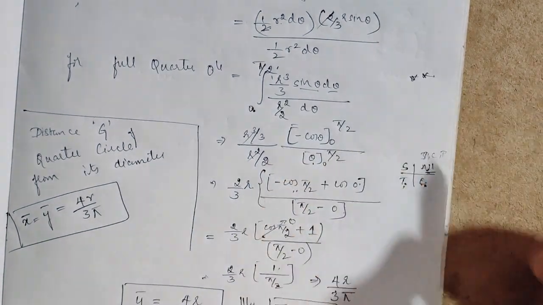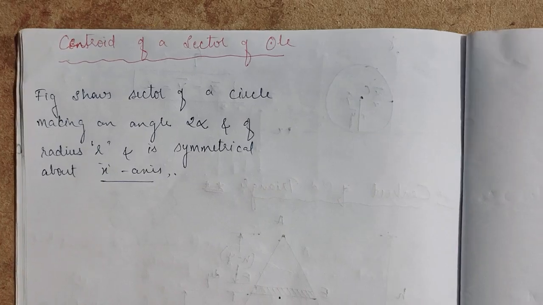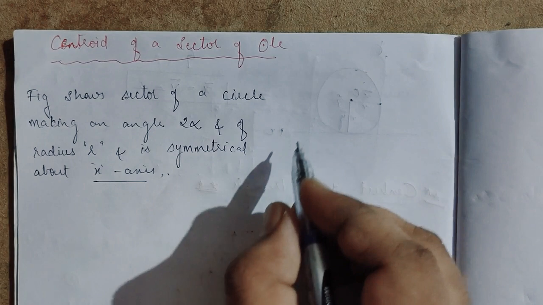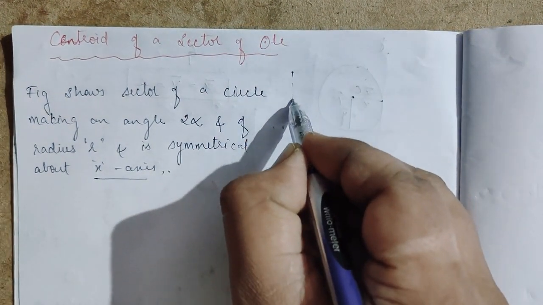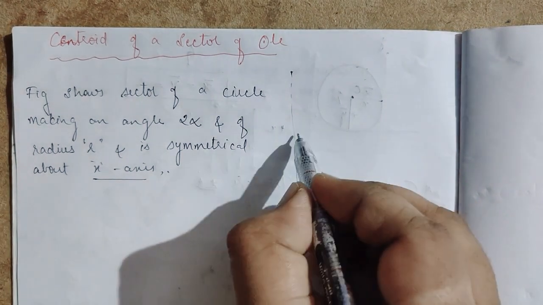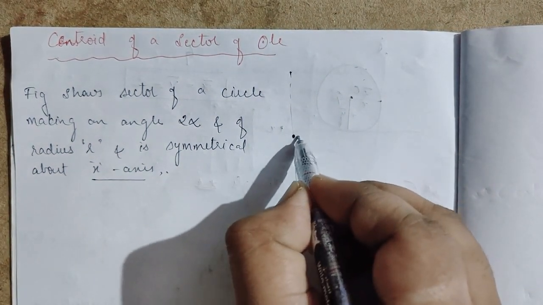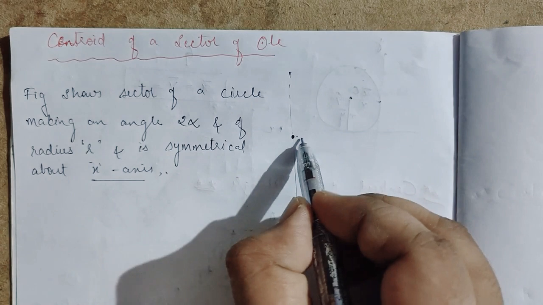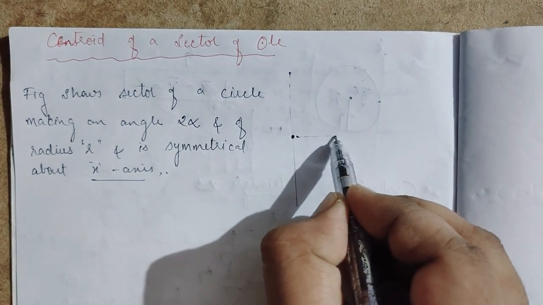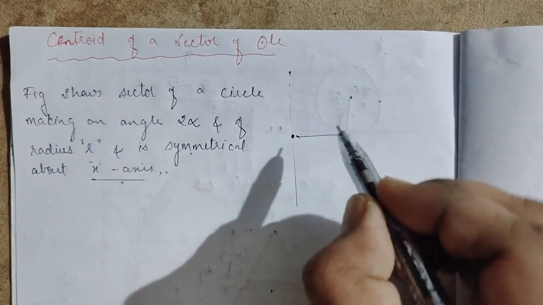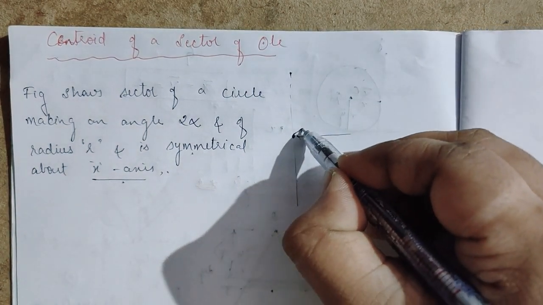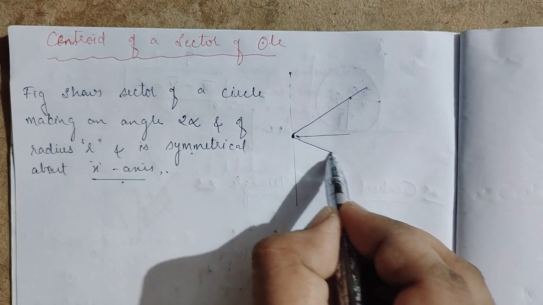So here this is the key point. Now I'll go for the sector of the circle. Now let us see the centroid of a sector of a circle. I'll write the figure. I am drawing a sector of a circle by making the x-axis symmetrical.